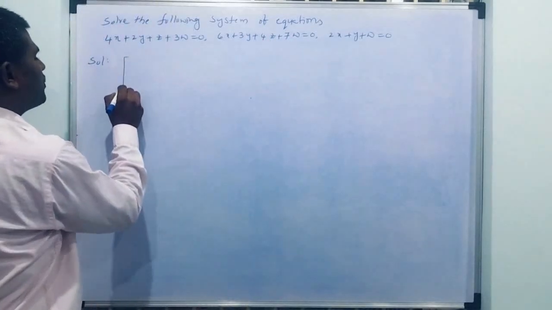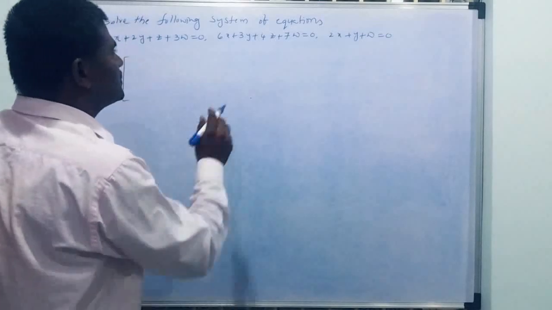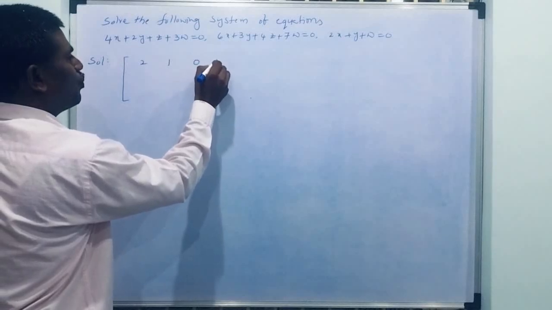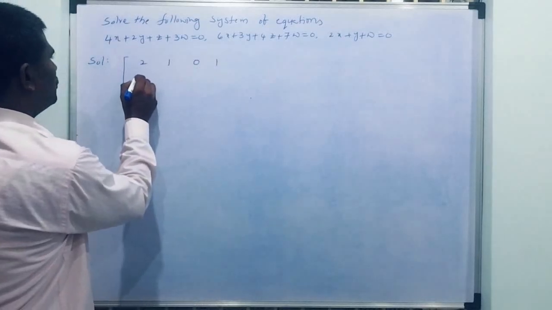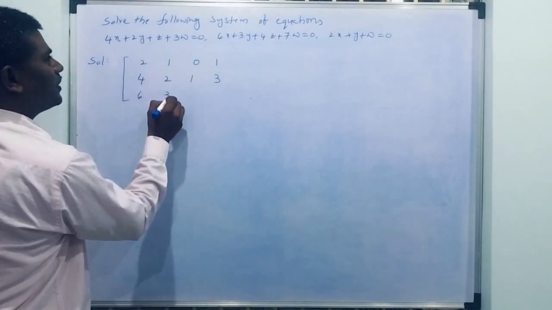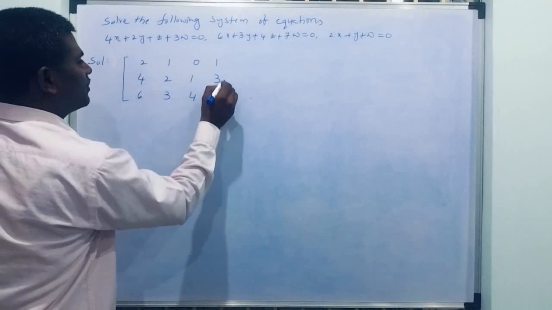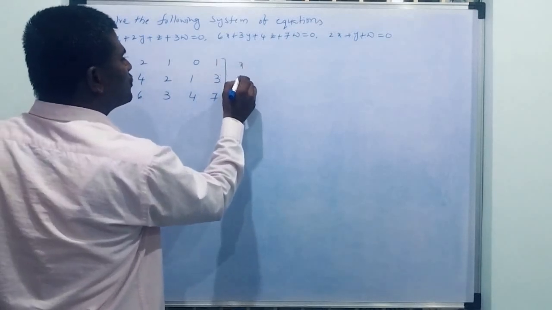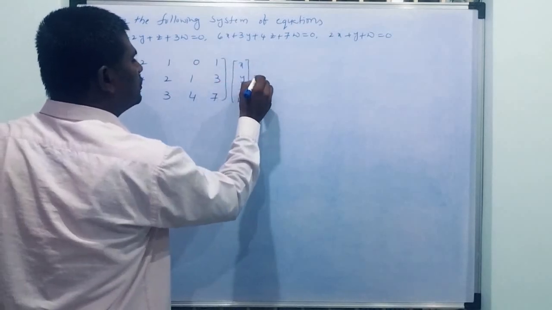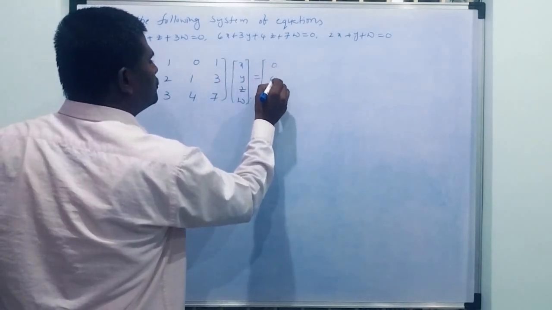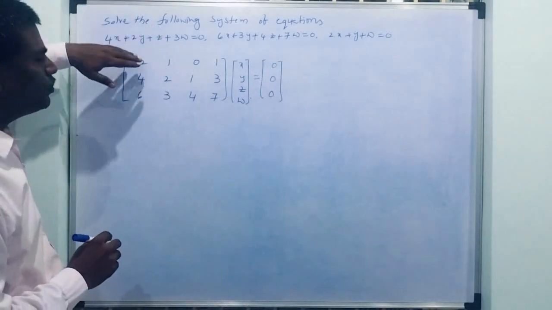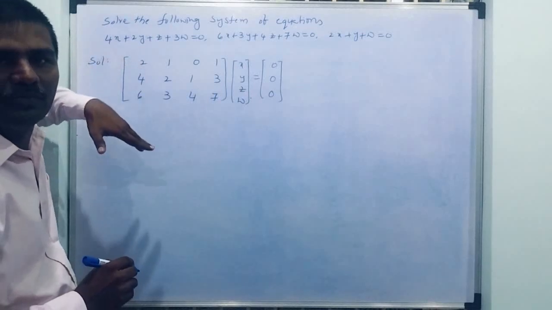The matrix form of the given system of equations is 2, 1, 0, 1 and 4, 2, 1, 3, 6, 3, 4, 7 into x, y, z, w is equal to 0, 0, 0. Now you have to reduce this one into echelon form is our procedure.